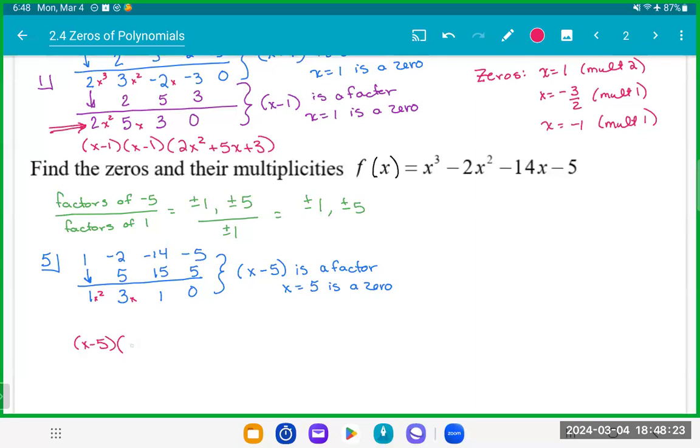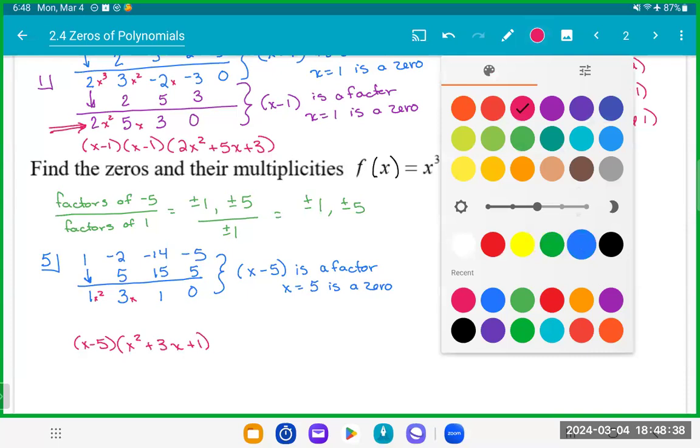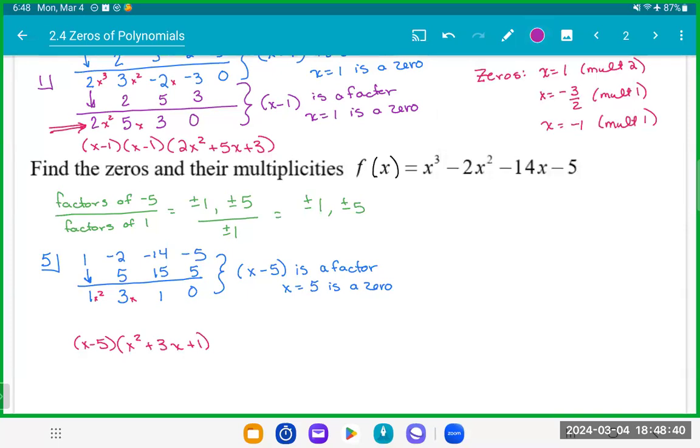x squared plus 3x plus 1. This one we can't really factor by traditional terms, so we have to use the quadratic formula. Just as a reminder, the quadratic formula is -b plus or minus the square root of b squared minus 4ac, divided by 2a.